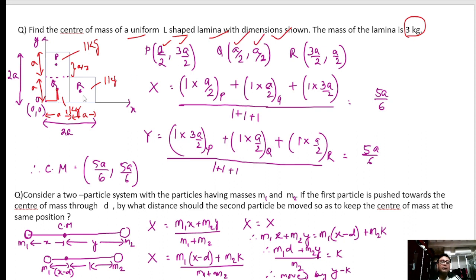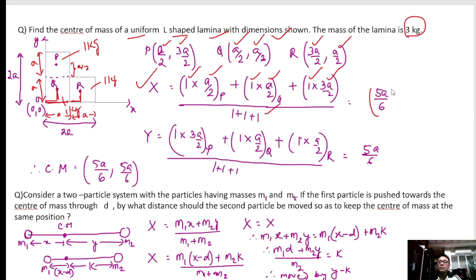Now come to R. What is the x coordinate of R? It is a plus a by 2, which is 3a by 2, and the y coordinate is a by 2. Now let us find the x coordinate of the center of mass. Each part is 1 kg, so 1 into the x coordinate of P plus 1 into the x coordinate of Q plus 1 into the x coordinate of R, divided by m1 plus m2 plus m3.